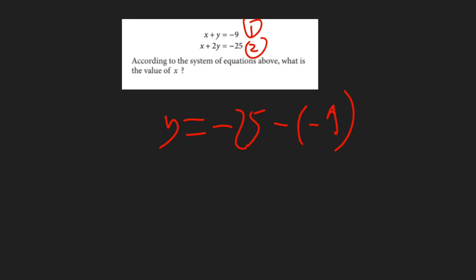So now we have y equals negative 16. This means that x equals 16 plus 9 because you add 16 on both sides. So that means that x equals 7. And this is our final answer.